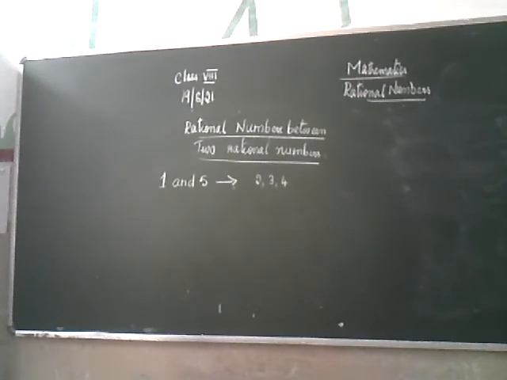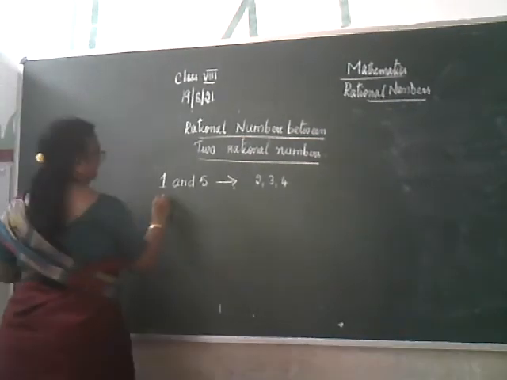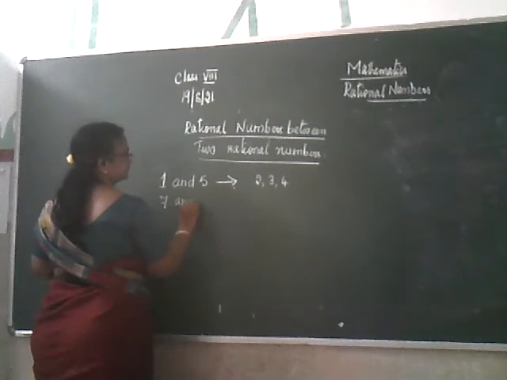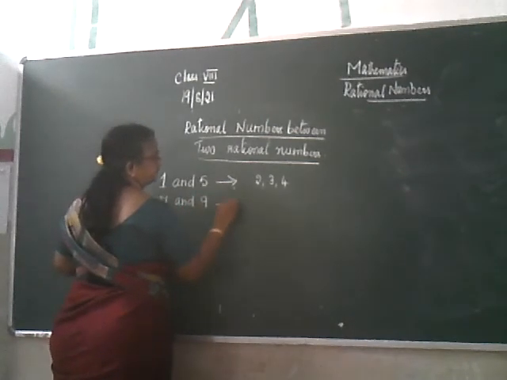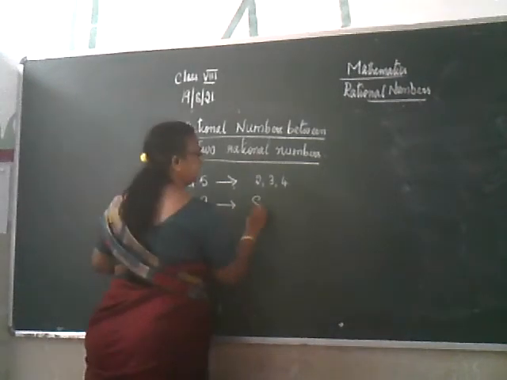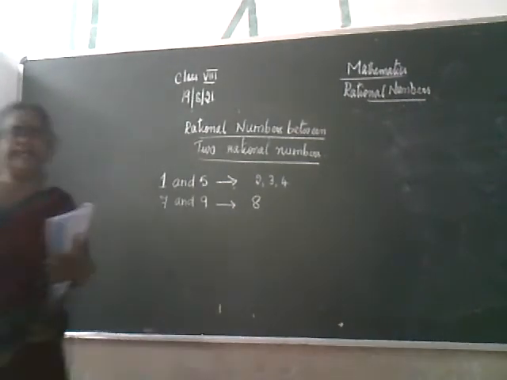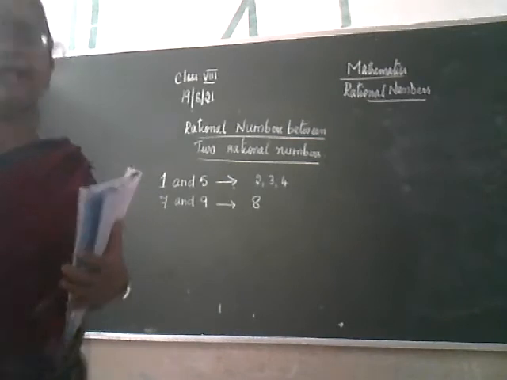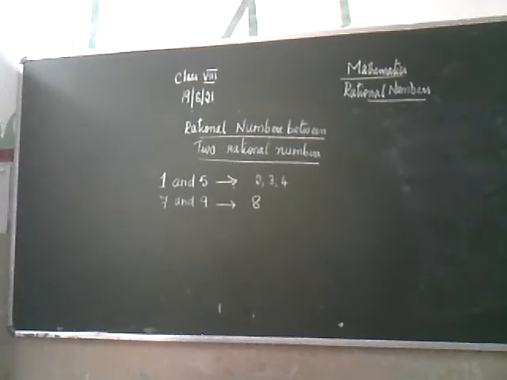They are 2, 3 and 4. How many natural numbers are there between 7 and 9? Between 7 and 9, 8 is there. Isn't it? 7, 8, 9. So, there is only one natural number between 7 and 9.